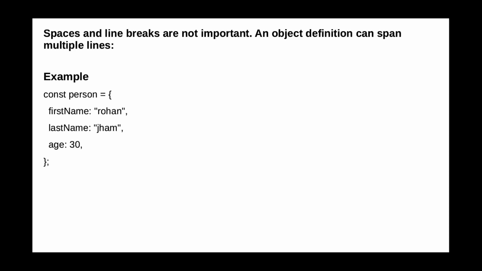An object definition can span multiple lines. You can see in the last output spaces and line breaks are not shown, so we can write it like this: const is a keyword, person is the object name, and on another line we add another name and values.